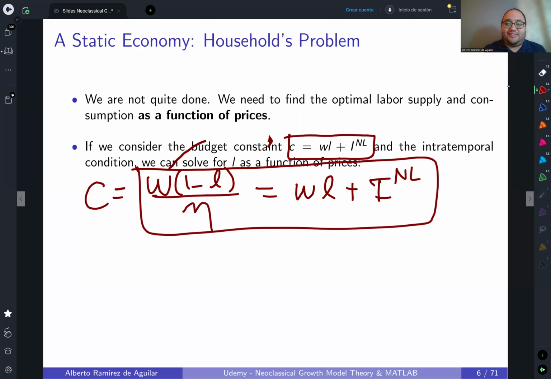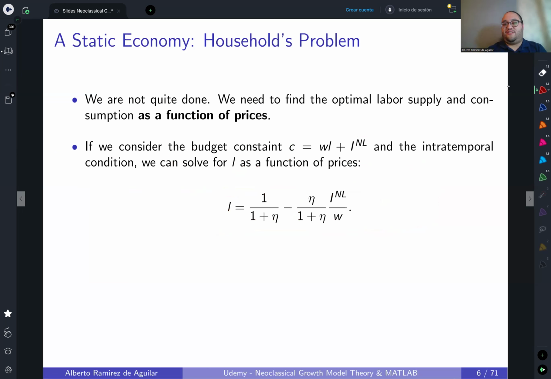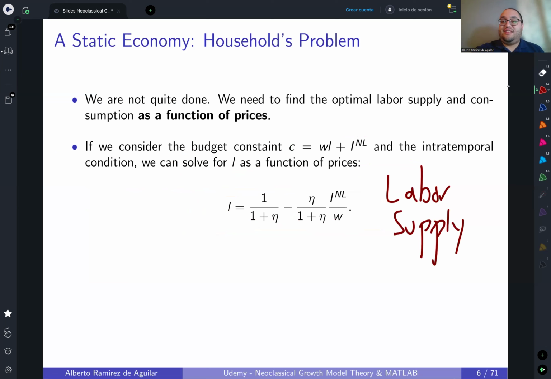Basically, what I did was I multiplied eta to this side, and then I manipulated the equation to get this function. Okay, so I'm not going to delve into those details, but you can please do it and check if this is true. So this is going to be the labor supply function. It's called supply because it's the households that are supplying labor.